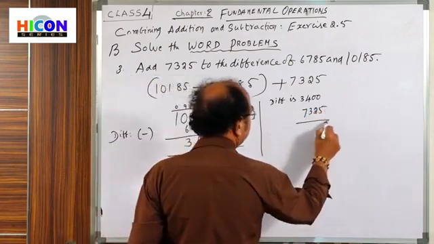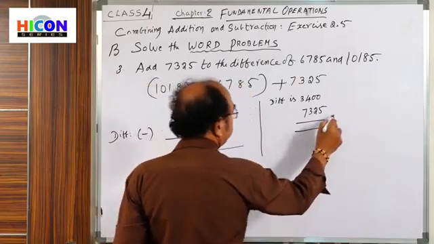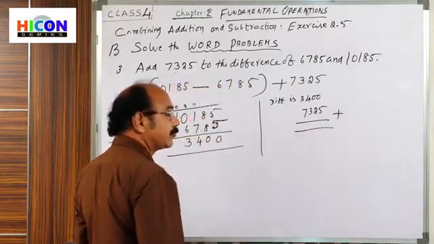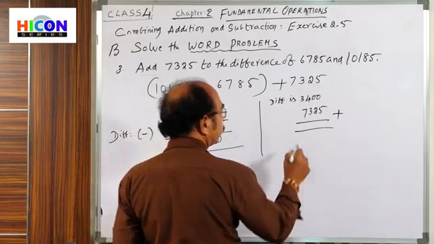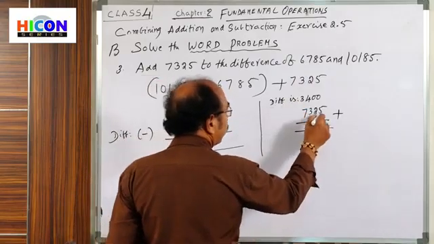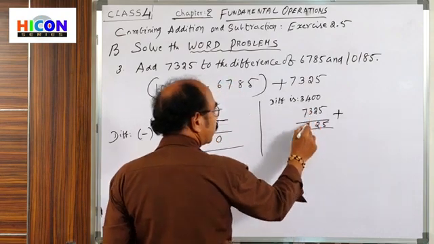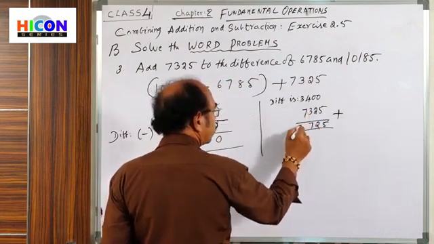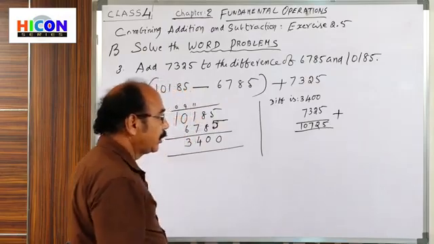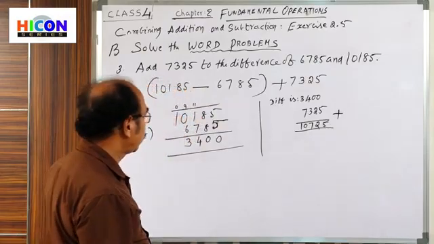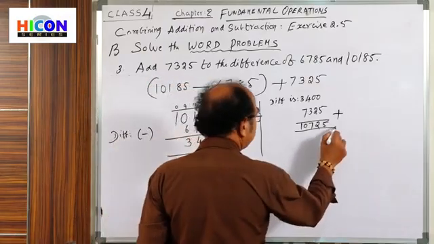Add. Okay, do addition. 5 plus 0, 5. 2 plus 0, 2. 3 plus 4, 7. 7 plus 3, 10. 10,725. We'll take this as the answer.